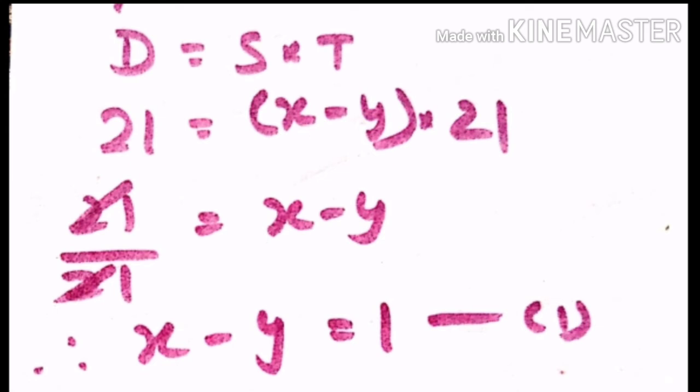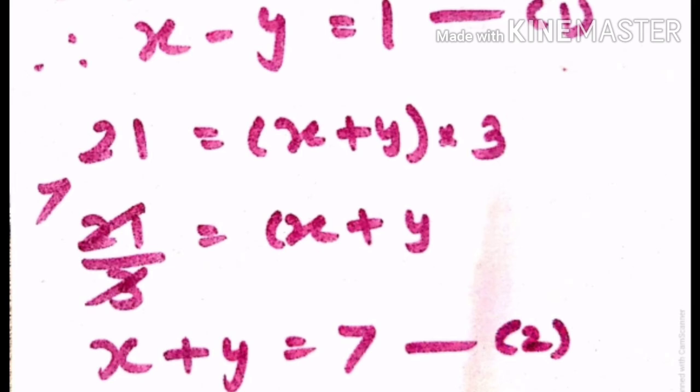So distance d, which is 21, is equal to the speed in the same direction, x minus y, into time 21. Now 21 upon 21 cancel crosswise. So equation 1 is x minus y is equal to 1. This is our equation number 1.